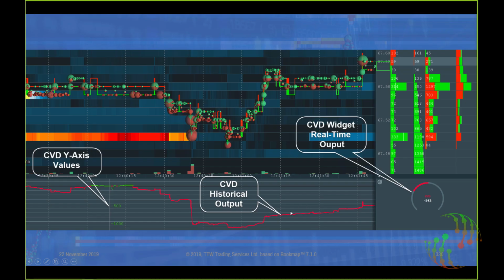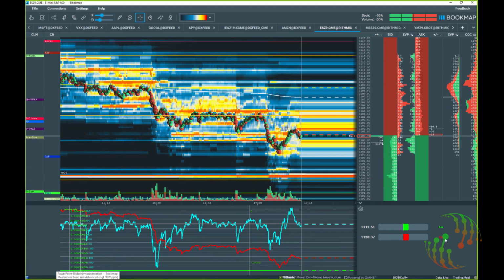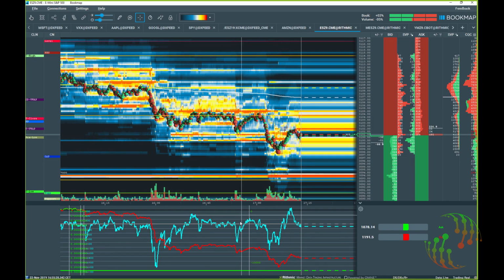You have the historical output here, and you have the CVD widget displayed here. So this is the widget area, and this is the y-axis, the numbers of the indicators based here in this area.